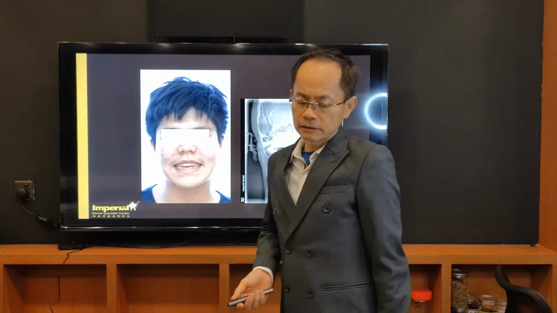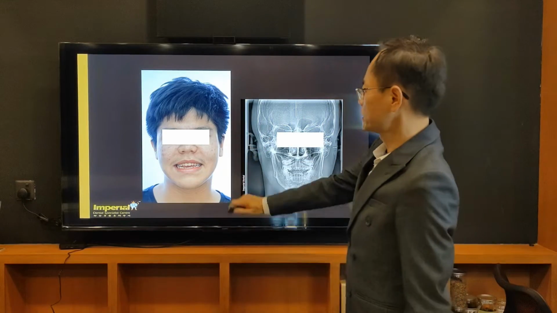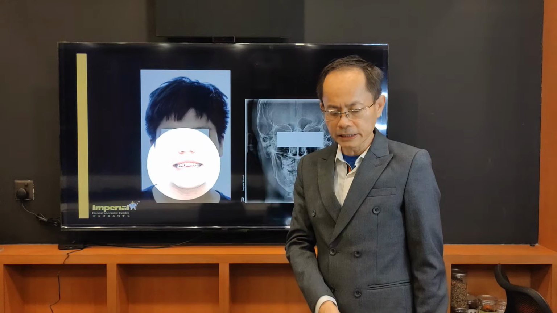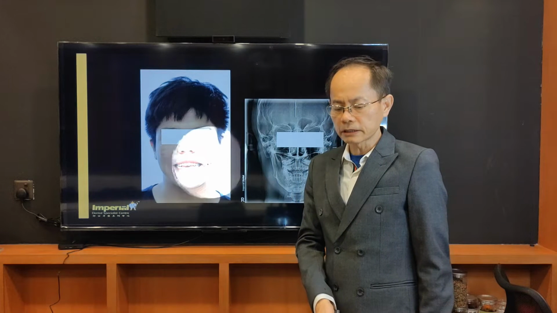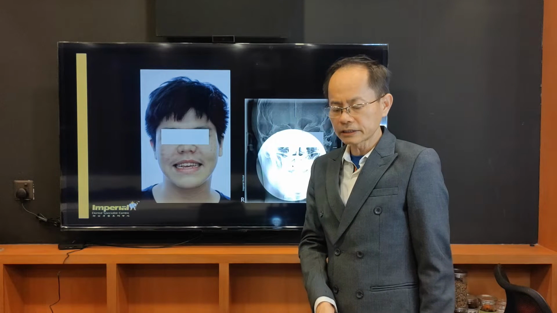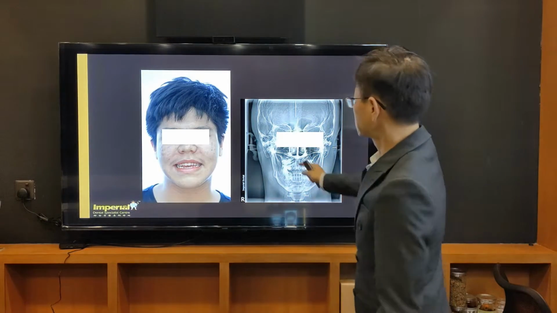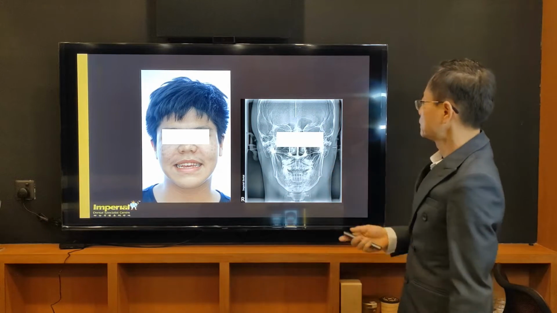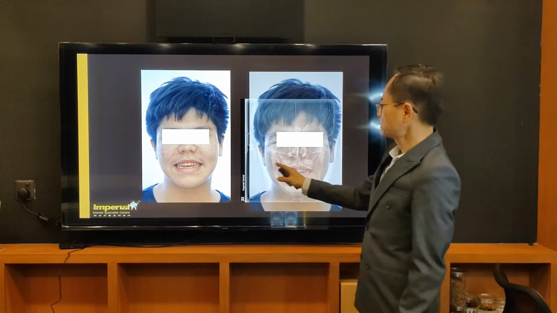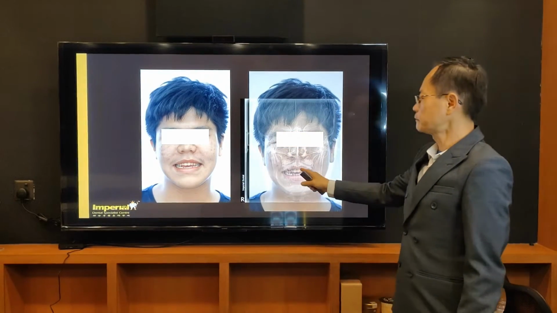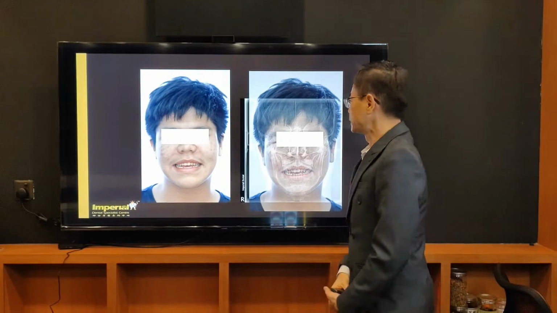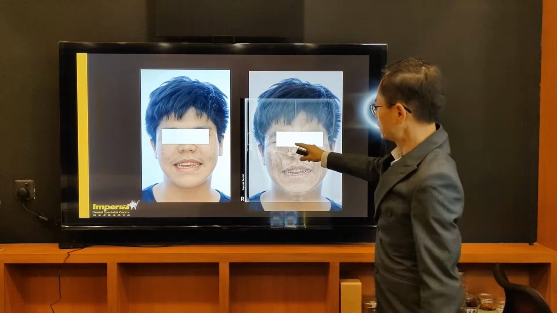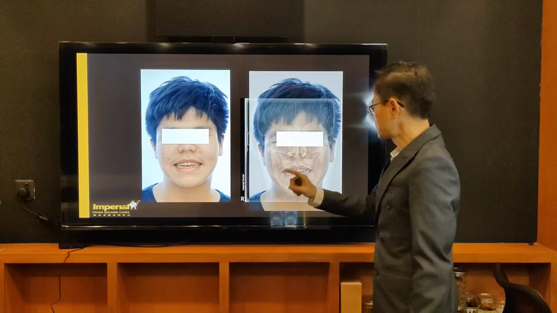If we have a patient who presents with an anterior open bite, we take a posterior anterior skull x-ray, what we call a PA skull x-ray, and superimpose it with the photograph of the patient, so we know the exact positions of the eye, nose, teeth, chin, and the spine.